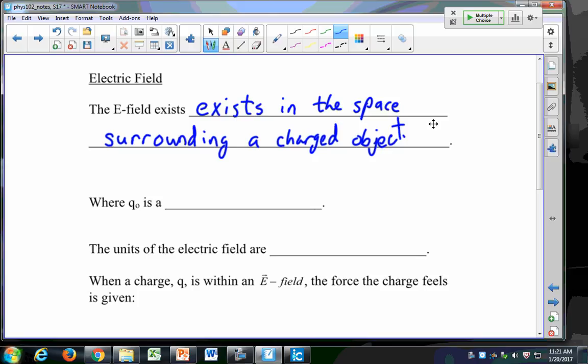And we define our electric field, this is the definition of electric field, as a force divided by Q naught, where Q naught is an imaginary positive test charge.